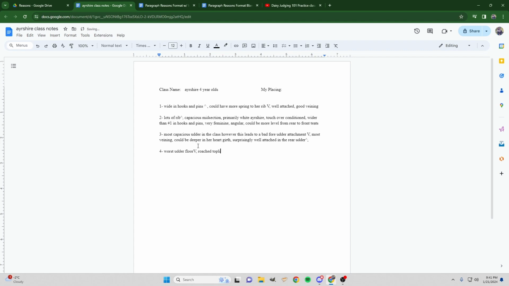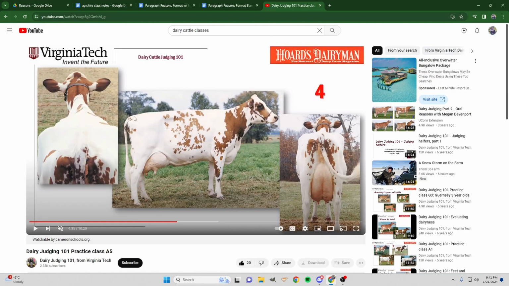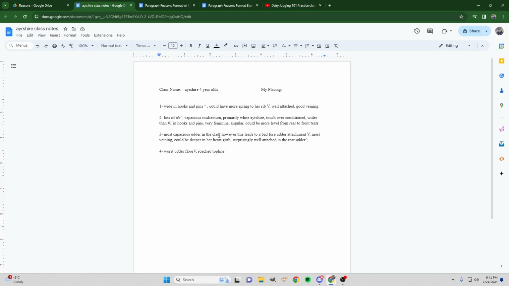Roached top line. She roaches in her top line. You can see that there. And that's partially due to the angle from hooks to pins. She blends a little bit in the fore-udder attachment. I don't really want to talk about that with this one too much. And she has the worst veining. Let's see if I can get that word right now.